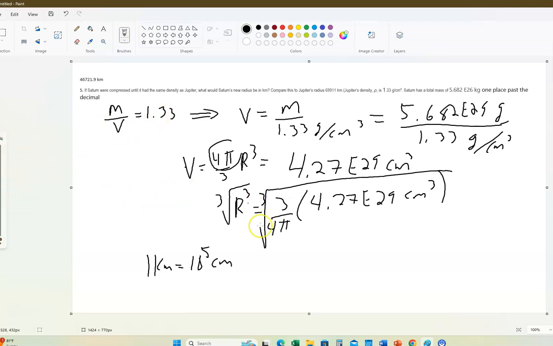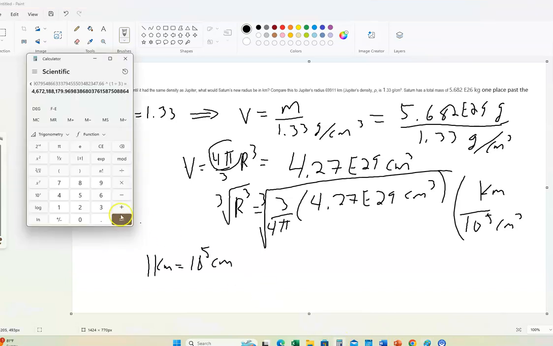So that number is already in centimeters, right? If I take this and divide by 10 to the 5th centimeters, I would be in kilometers. It's just a lot easier to do it through the calculator. Divide it by 1 times 10 to the 5th. Equals, and there it is.